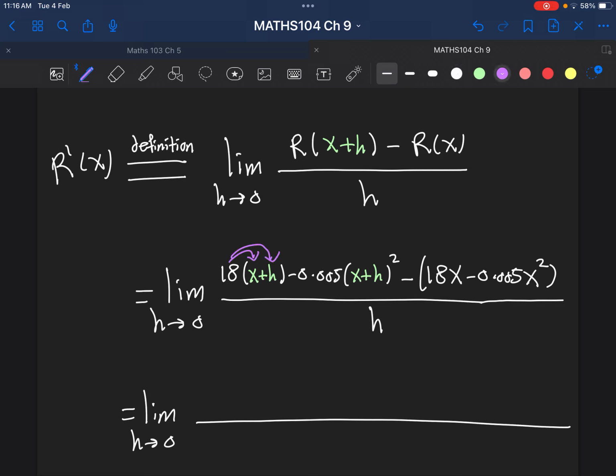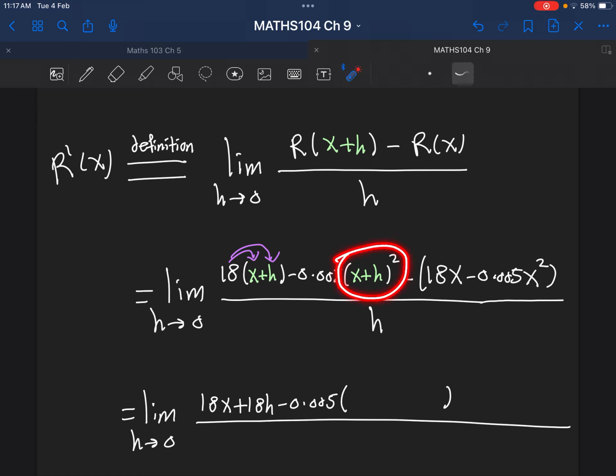I'll go one by one. First of all, 18 will be distributed because it's outside. So I will get 18x, 18h, minus 0.005 with a bracket. How do we expand x plus h squared? It will be the first squared, the second squared, and 2 times first times second.